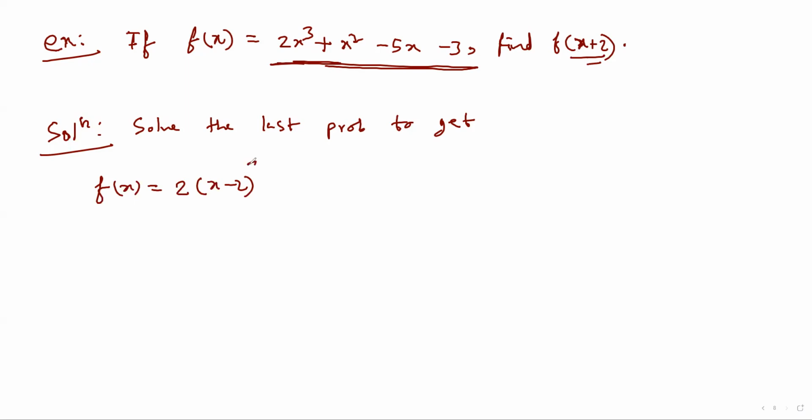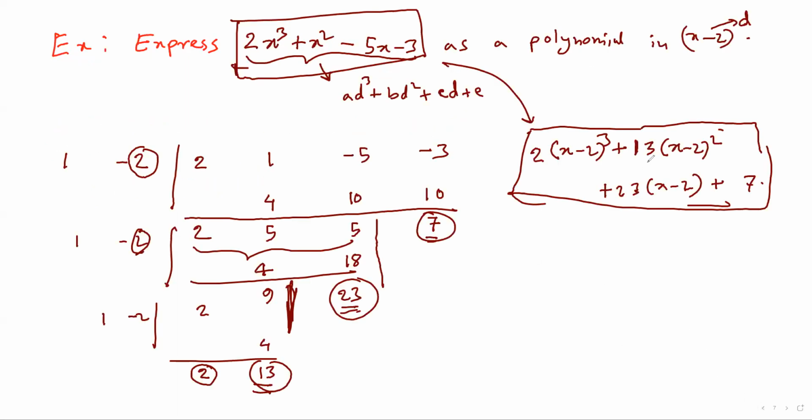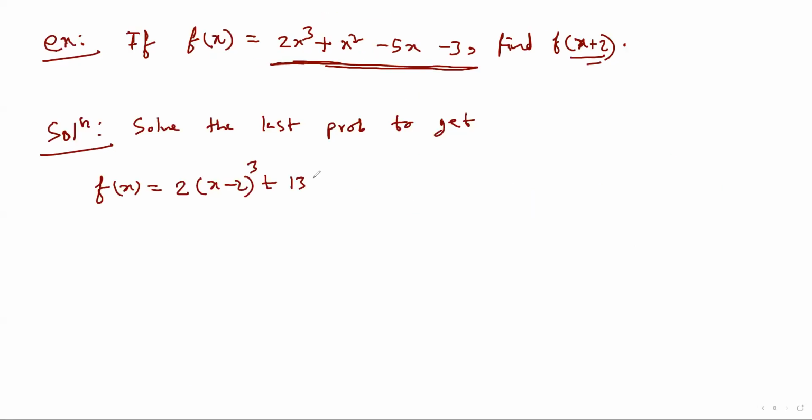So 2 times x minus 2 whole cube plus what was the next, 13, 23, and 7. All right. So 13 times x minus 2 whole square plus 23 times x minus 2 plus 7. So now you can see that replacing x by x plus 2 became just easier.